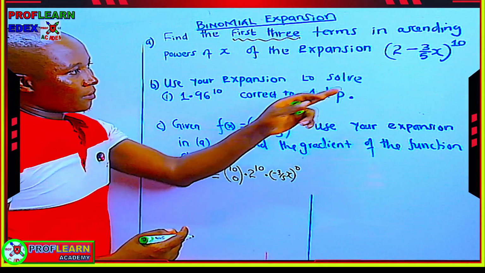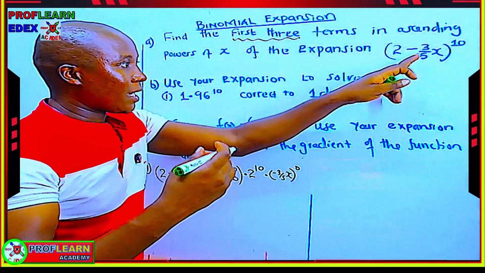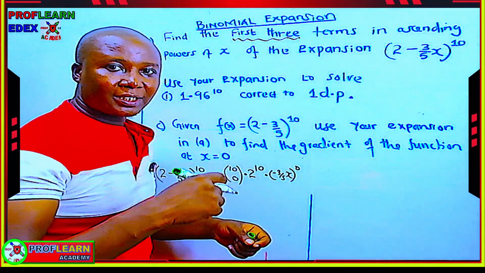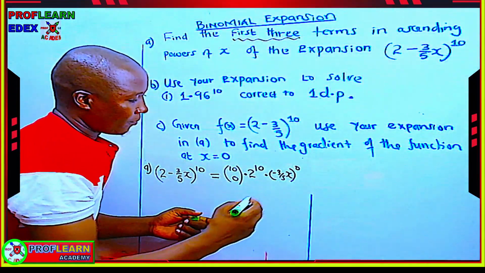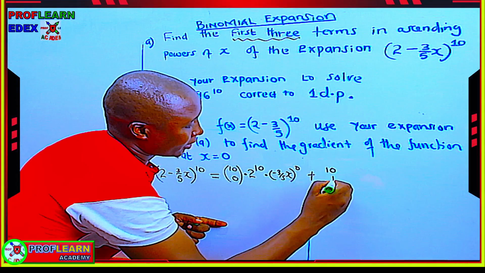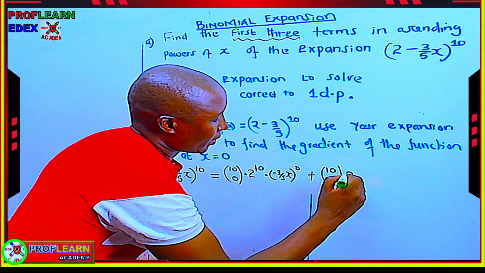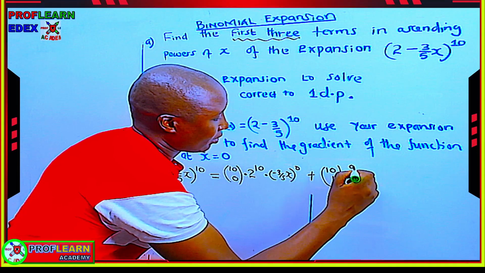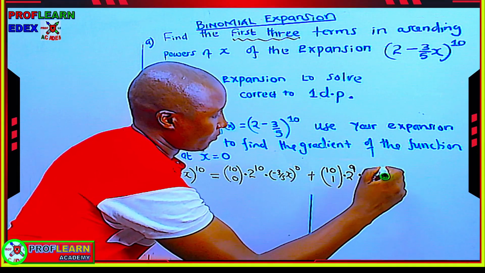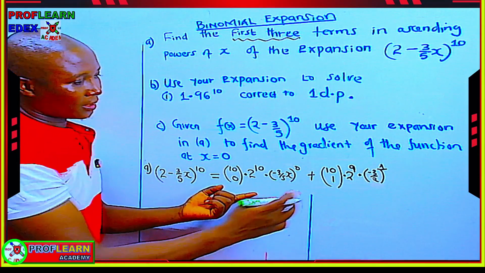So the power of 2 will be decreasing from 10, as the power of this second term will be increasing from 0 upward. The next term is 10 combination 1, multiplied by 2 raised to power 9 and negative 3 over 5x raised to power 1. This is the first term, this is the second term.